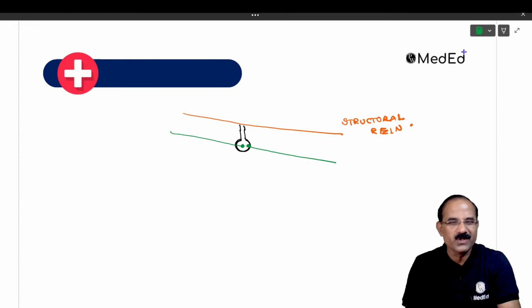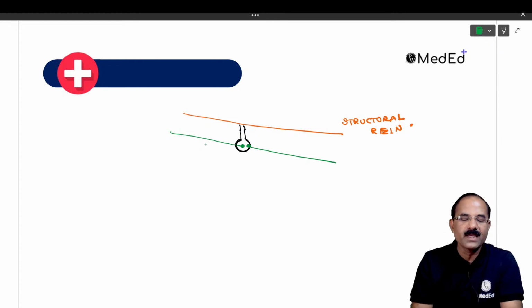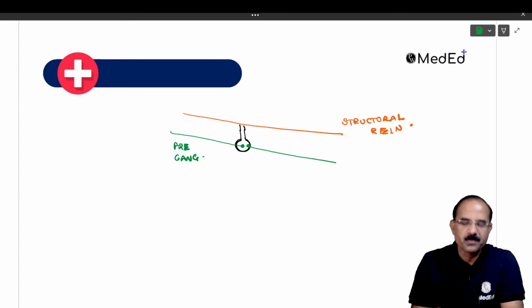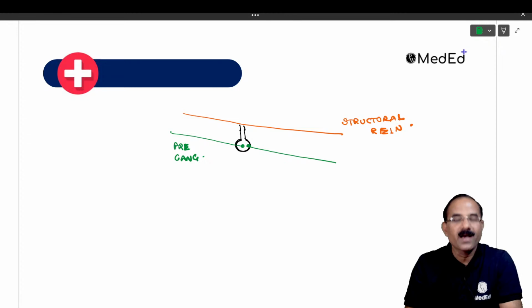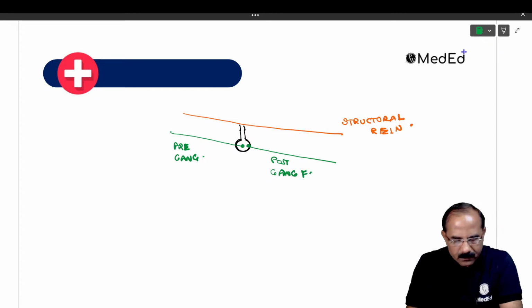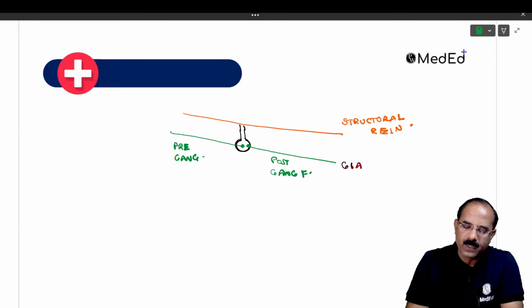Now tell me, children, what are these fibers? These are the pre-ganglionic fibers. The ganglion has come. Now what will this be? Post-ganglionic fiber. And what does this post-ganglionic fiber supply? They supply the glands.